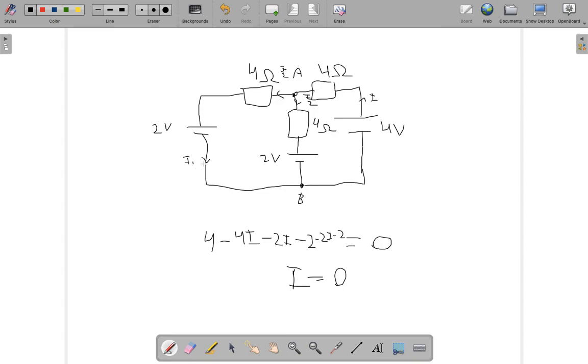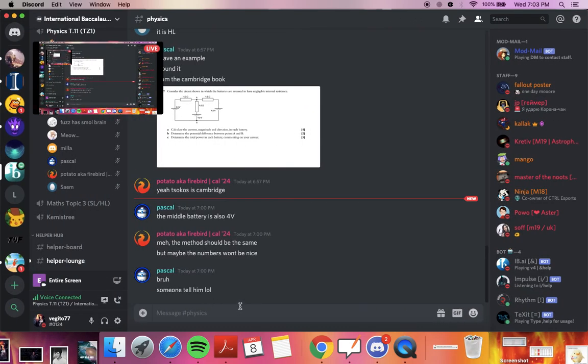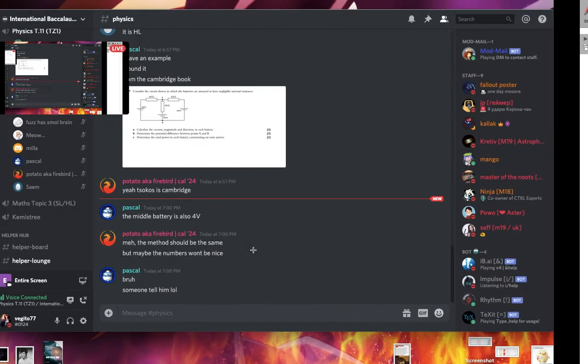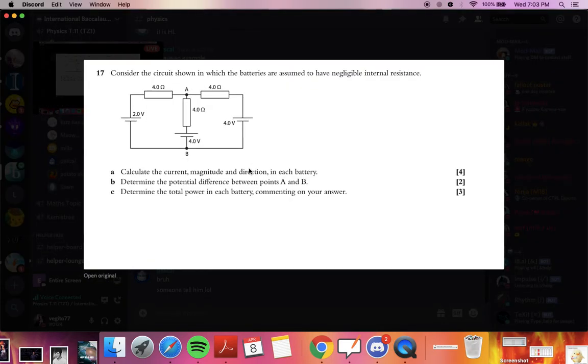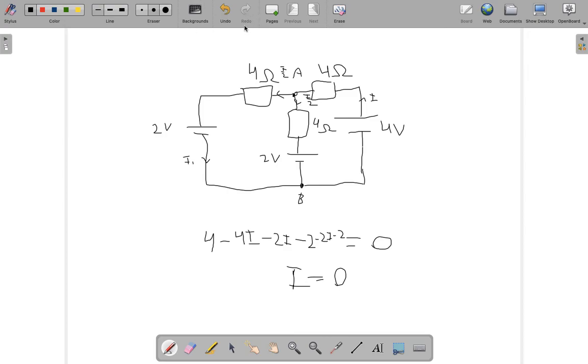I1. Actually, oh, I did? I see. Let me check that again. The middle battery is 4 volts. I see. That's why we're having a problem. Thanks a lot. I'm not sure who said that, but thanks a lot. 4 volts. Yep. That should fix things over here.